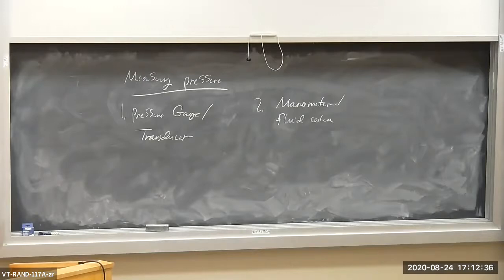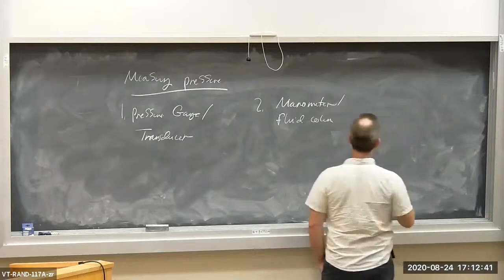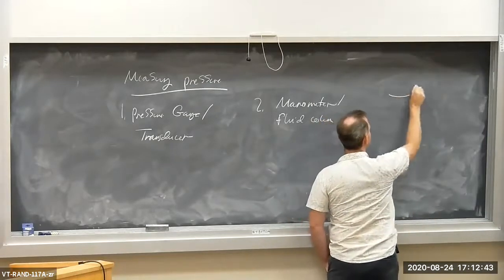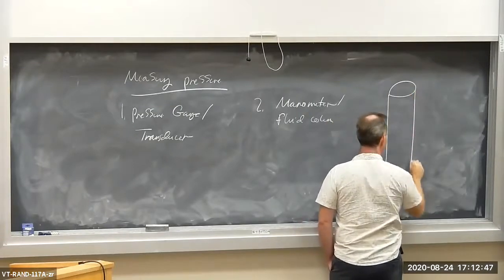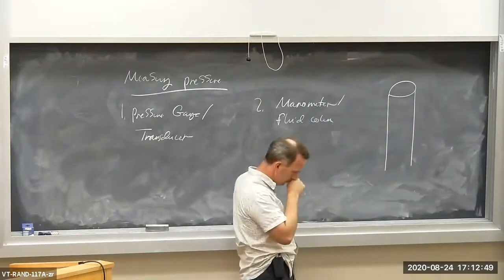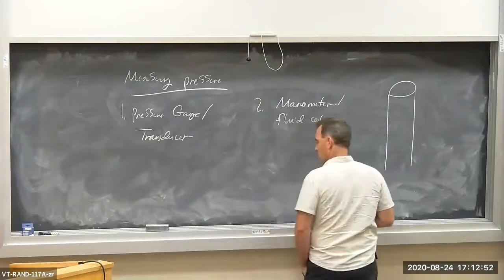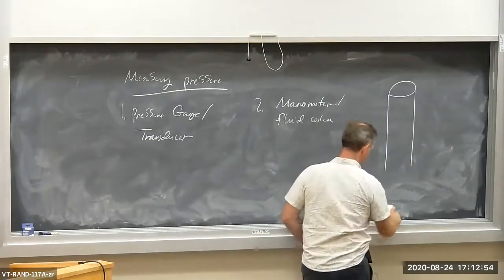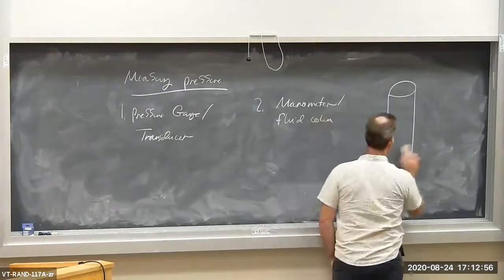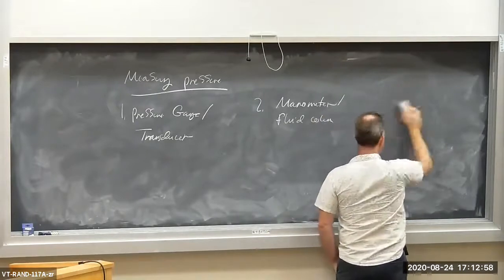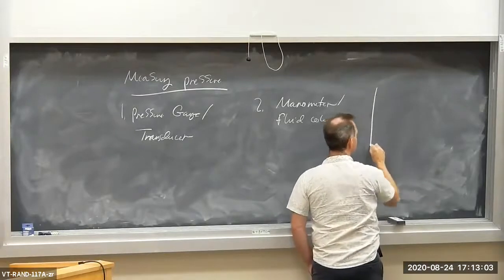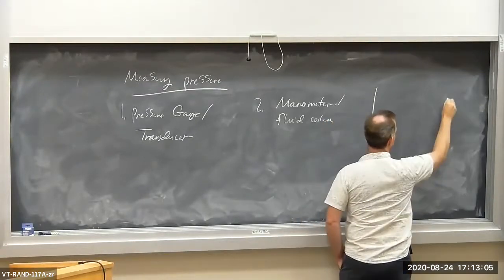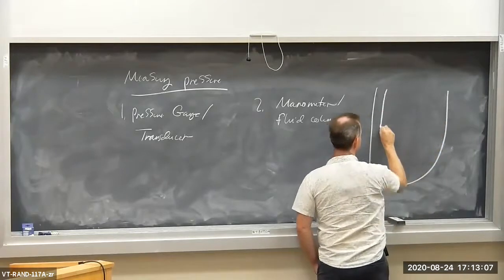So what is this fluid column or manometer about? Let's say we have a tube. Actually, no. Let's say we have a bent tube, a U-tube, if you like.